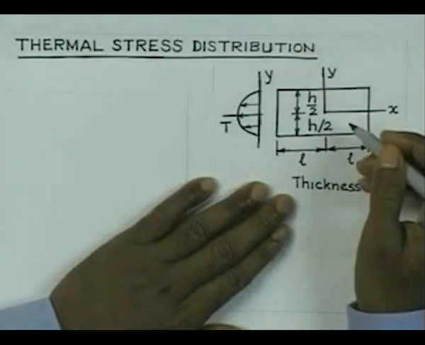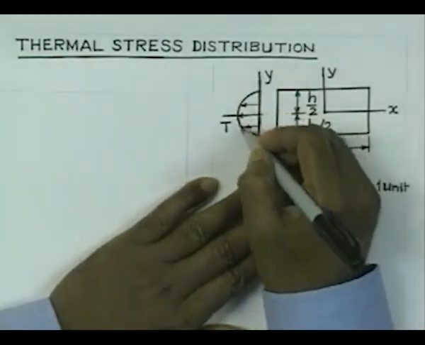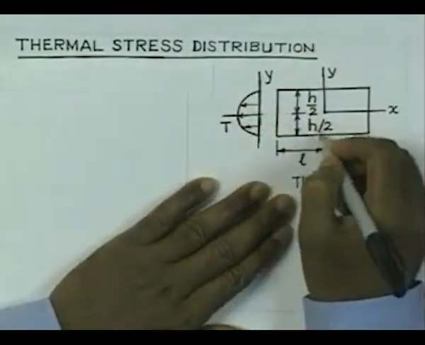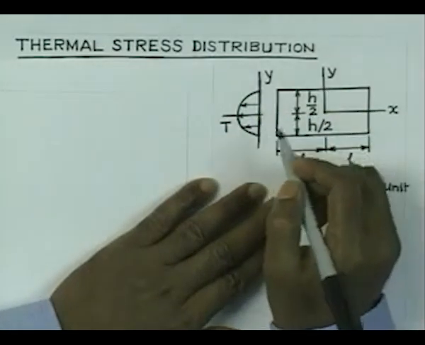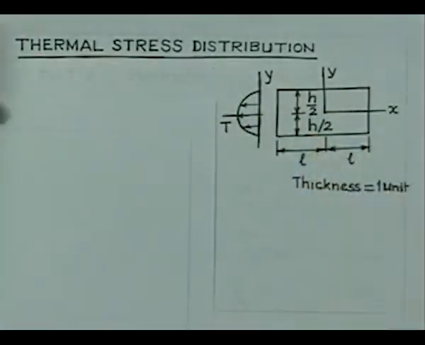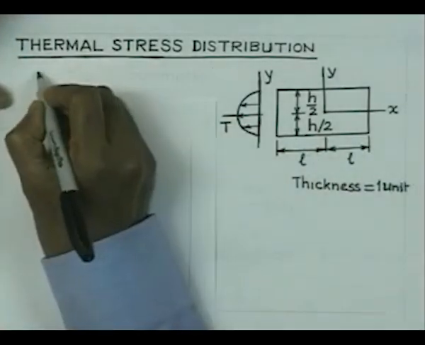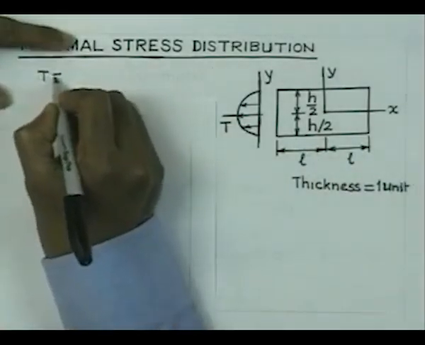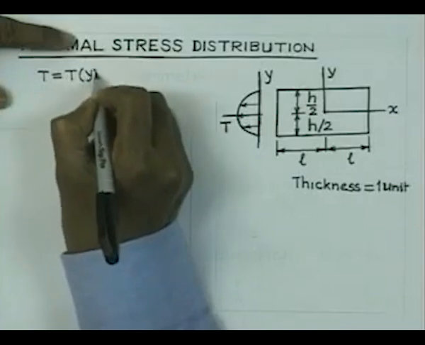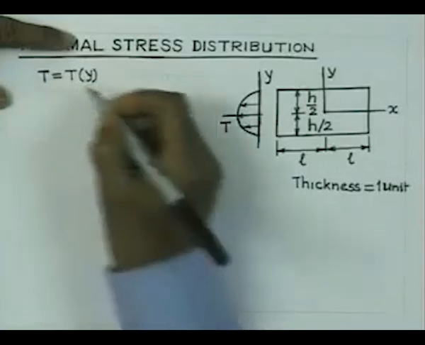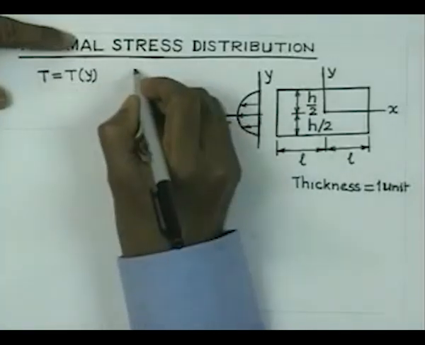If we consider that it has a temperature variation in the vertical direction which is given by this, and let us consider that this temperature distribution is T equal to a function of y, and this function for the moment let us consider that it is symmetric.